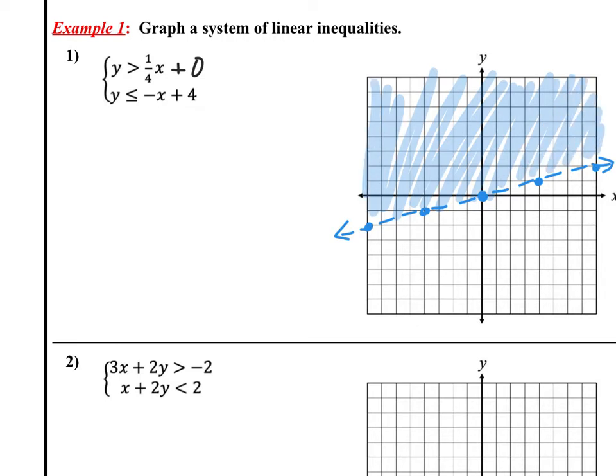Great. Next line, I'll do in red. It starts at 4 and has a slope of -1. So starting at +4, it goes down 1/1.